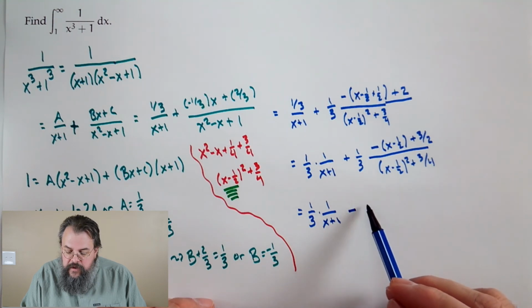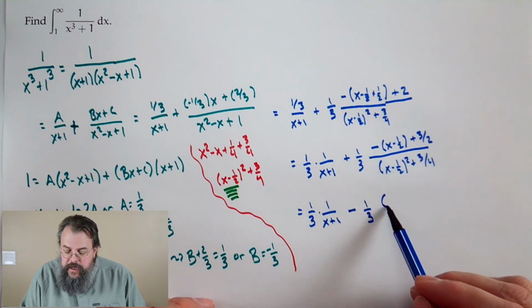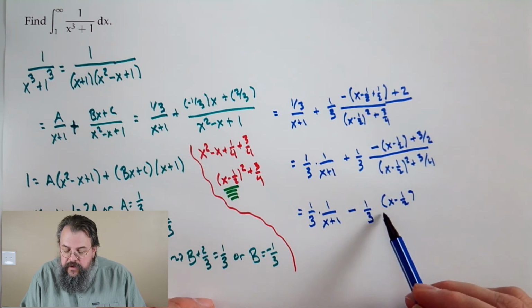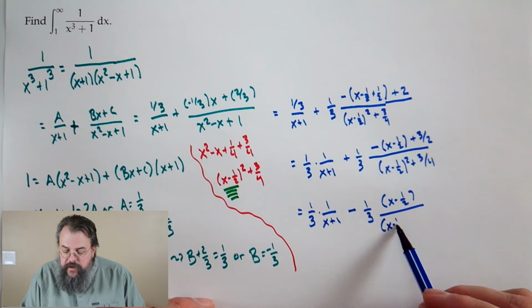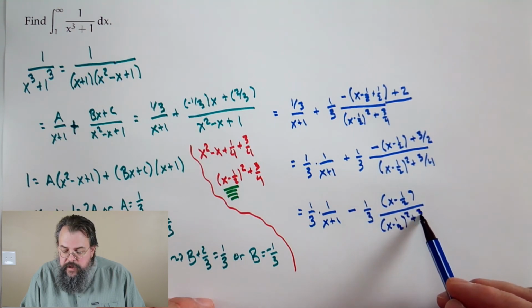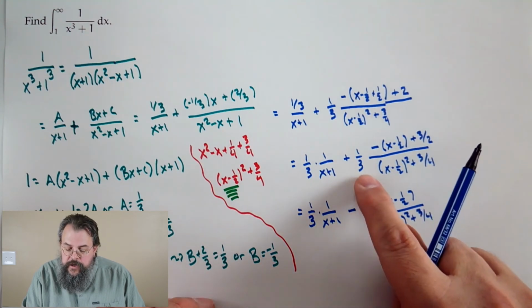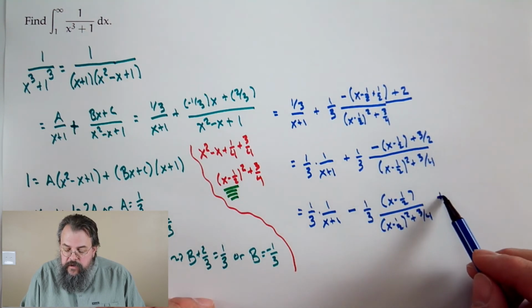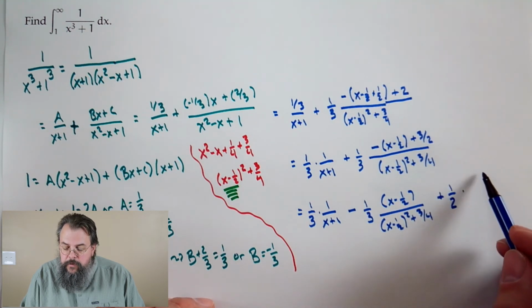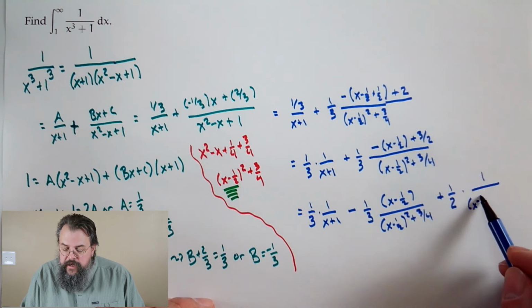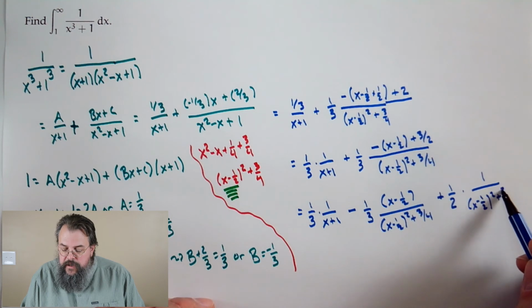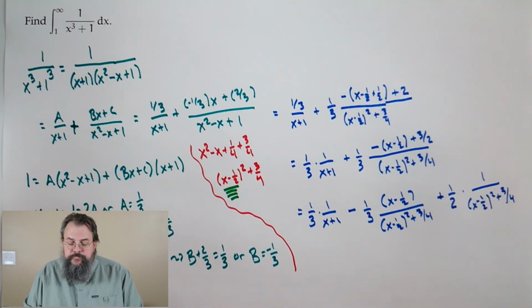So minus 1/3, and then we're going to have x minus a half over x minus a half squared plus 3/4. And then 1/3 times 3/2 is 1/2, times 1 over x minus 1/2 squared plus 3/4.